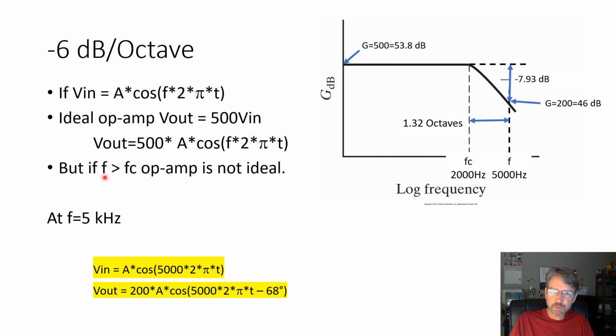But since our frequency is above the corner frequency, we don't follow this ideal equation. It changes. So using the amplitude, the gain, and phase, we can change the amplitude to 200 instead of 500 as predicted, and we have to add the phase shift of negative 68 rather than the ideal phase shift of 0. So that brings it back around to phasors from circuits, if you remember those.